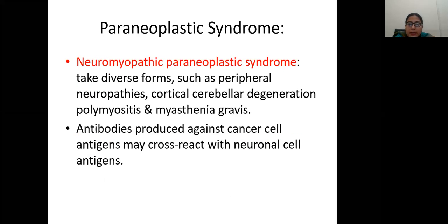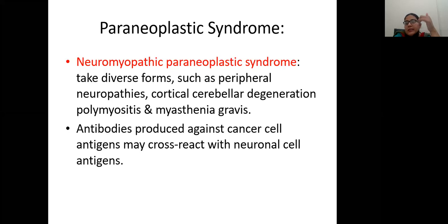So, neuromyopathic paraneoplastic syndrome. Till now we know that paraneoplastic syndrome is basically a syndrome which shows features that are not according to the anatomical location of the tumor.